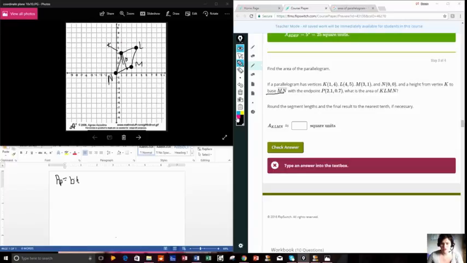So first, let's find our distance of MN, our base. MN is going to equal the square root of our horizontal distance, which is 1, 2, 3, 3 squared.